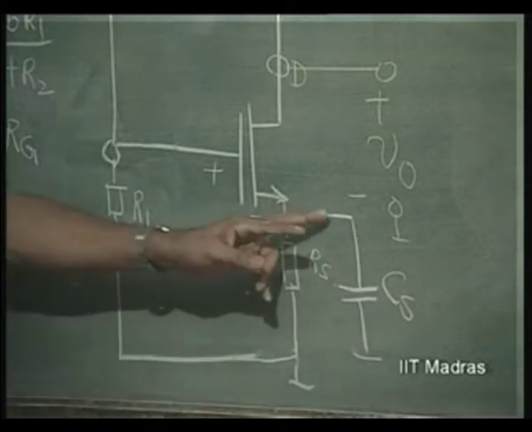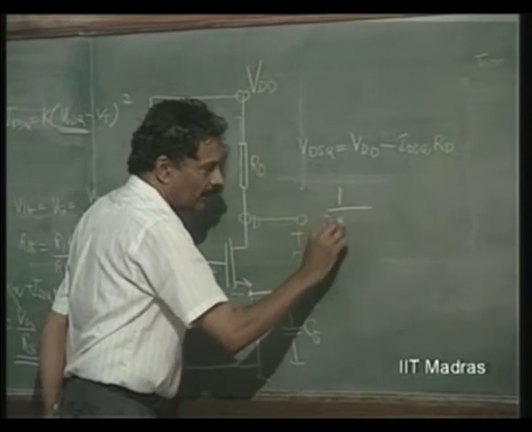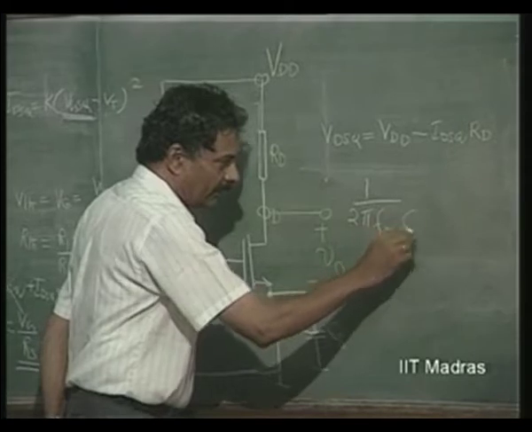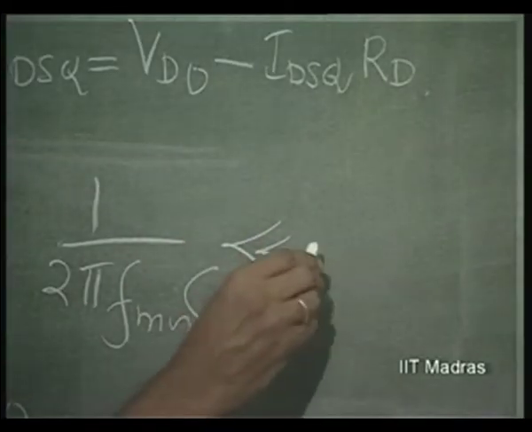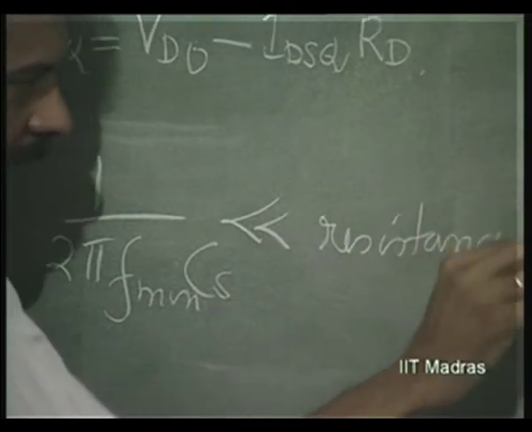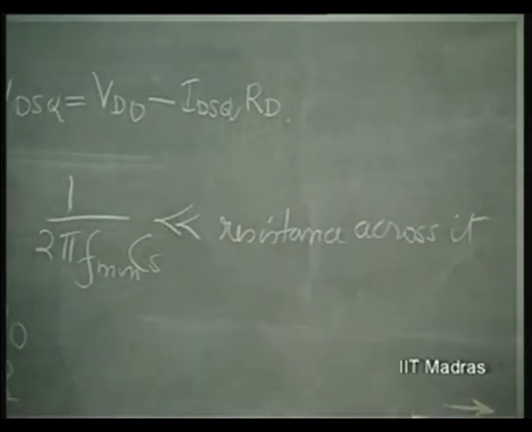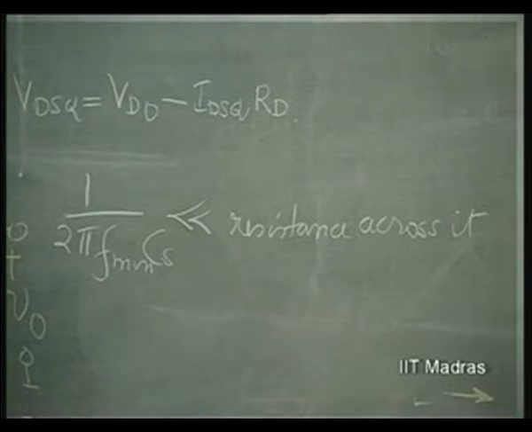So it should appear as a short circuit at the minimum frequency of interest of the amplifier. The reactance of this should be much less than the impedance seen from this, or resistance across it. That part of it we will see later.